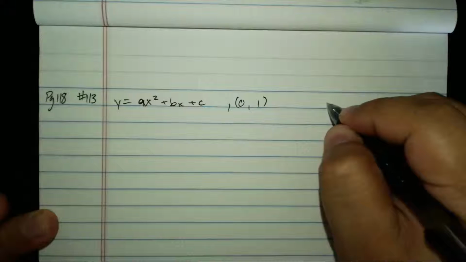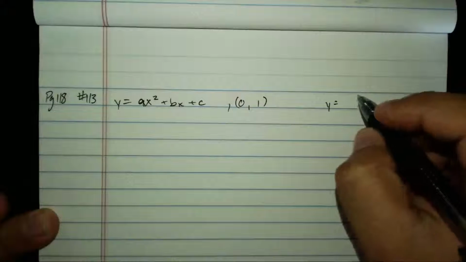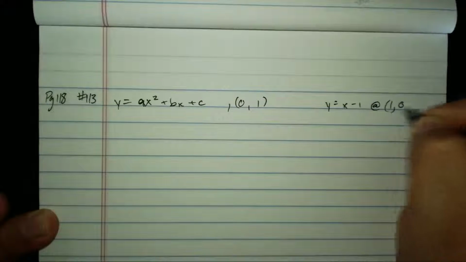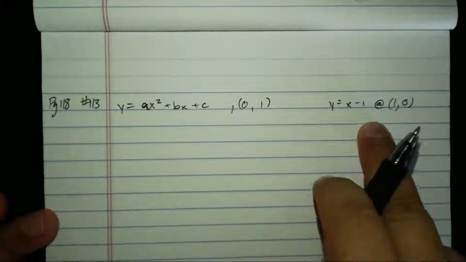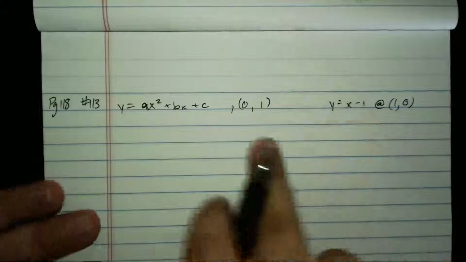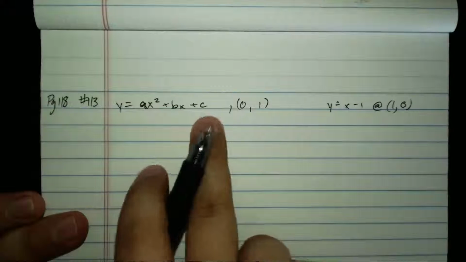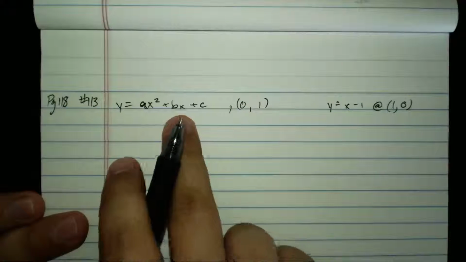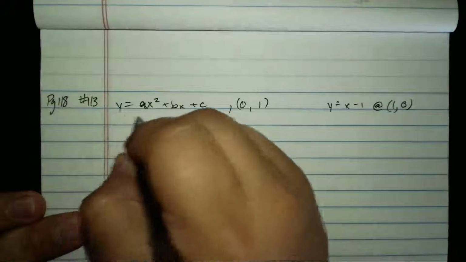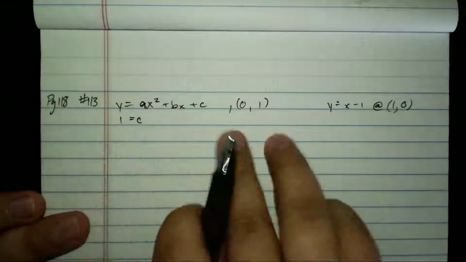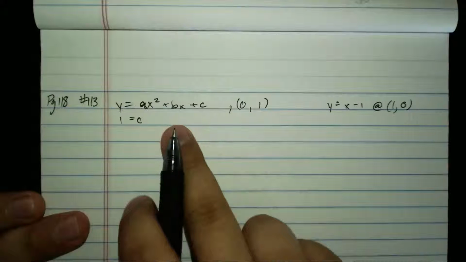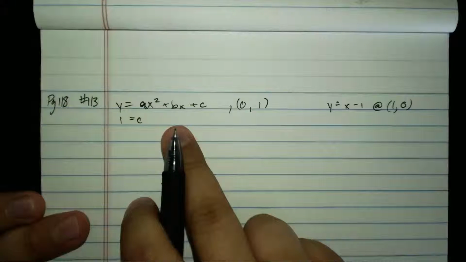And then there's a tangent line, y equals x minus 1 at 1, 0. Okay, so we can find out what c is straight off from the start because it's saying x is equal to 0, so these terms cancel out. So in other words, c is equal to 1 if you substitute these two numbers in. So you already know that c is 1. So that makes it a little easier.